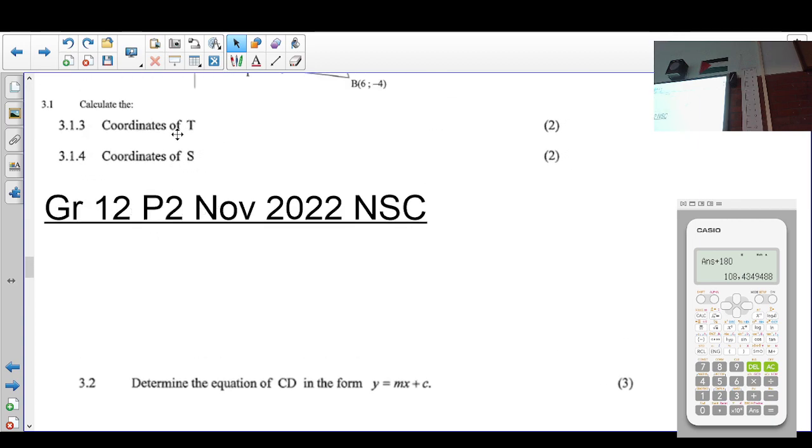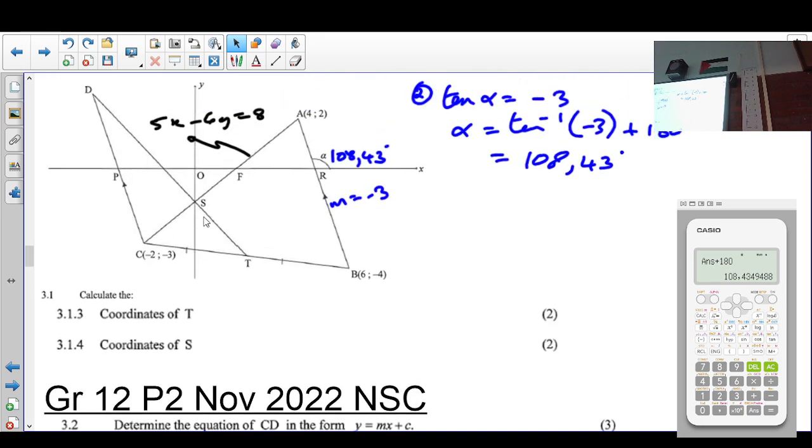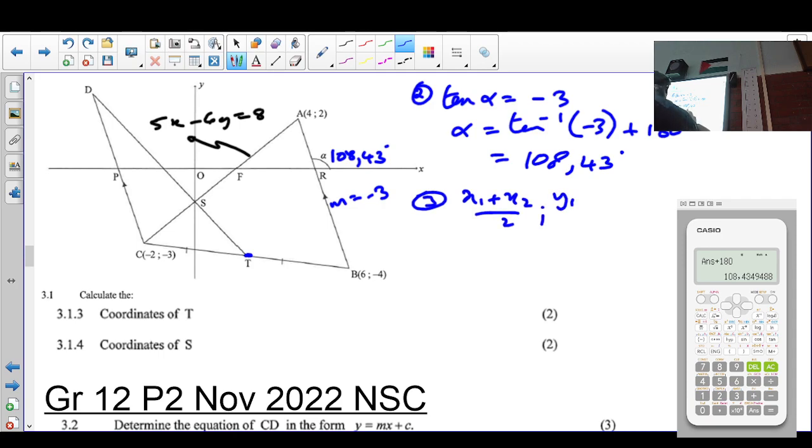Right, let's look at the next question. Calculate the coordinates of T. As you can see here, T is your midpoint. So how do you calculate the midpoint? It's (x1 plus x2) over 2, (y1 plus y2) over 2.